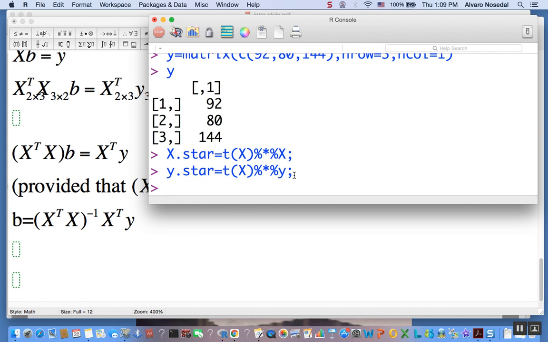Just press enter and it's going to work. I do that because sometimes when you're submitting multiple commands, you want to have that semicolon so R doesn't get confused. Anyway, what we want is the inverse of this: solve X star times, or matrix product, y star.